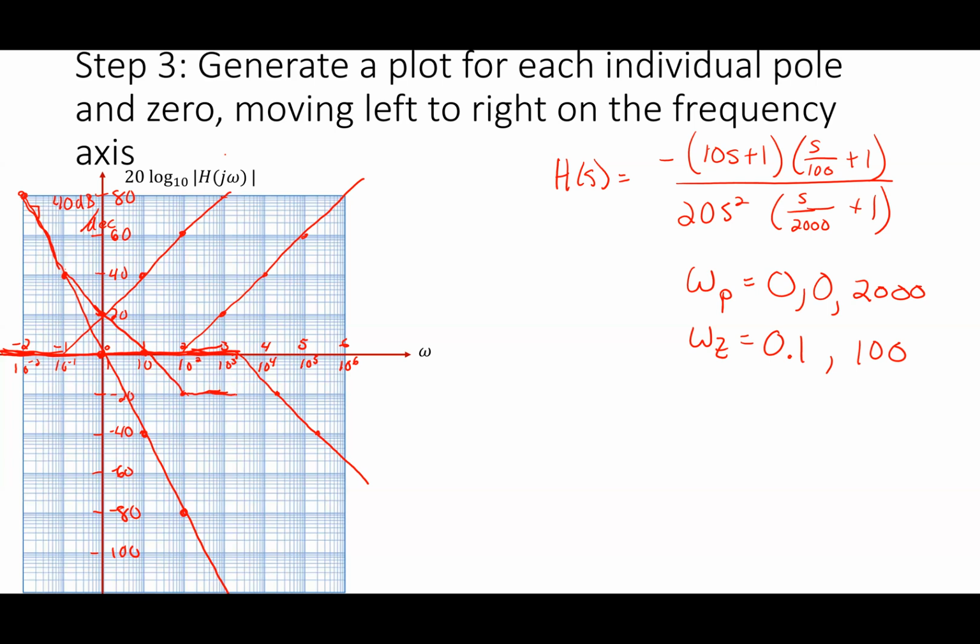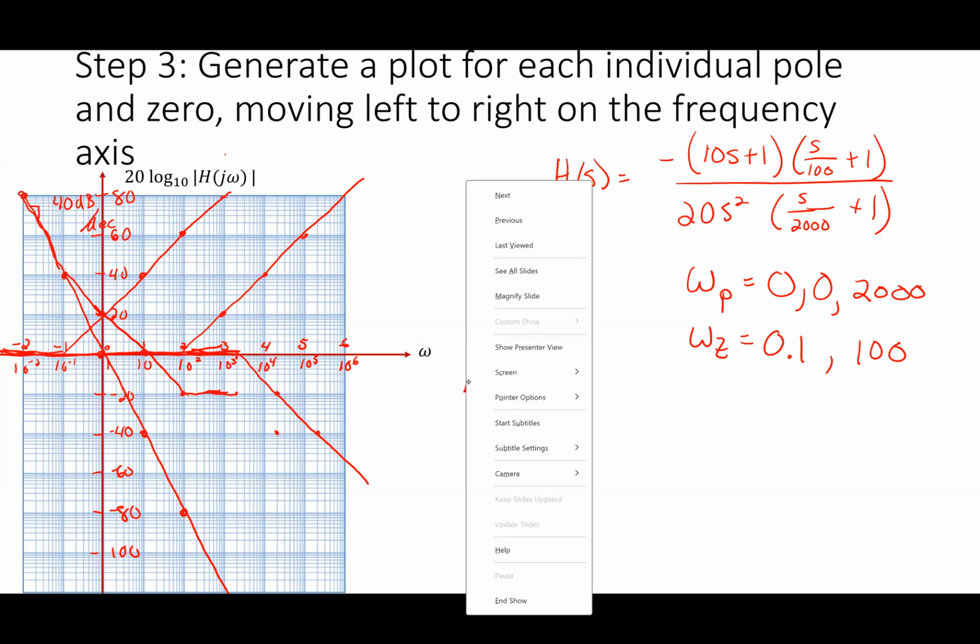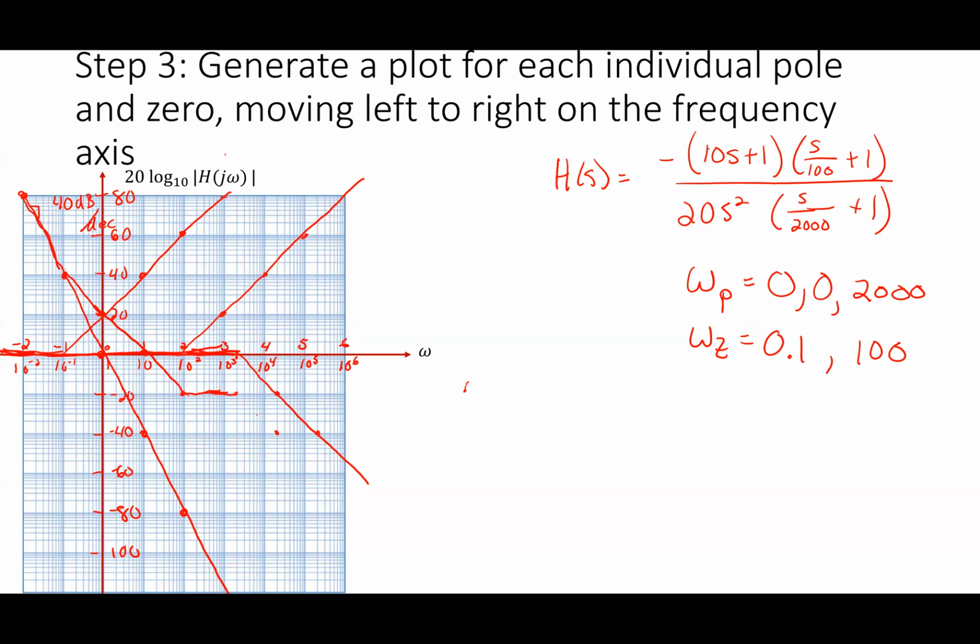So I'd start here, and then I would start to fall at 20 dB per decade, like that. Okay, so let's label these up. This here is the poles at 0.